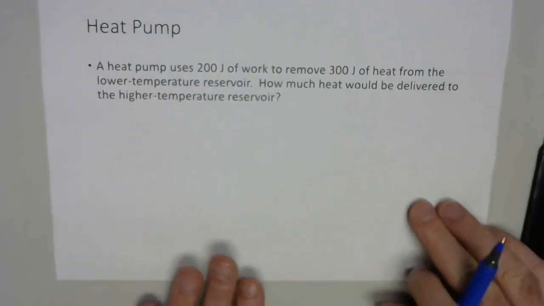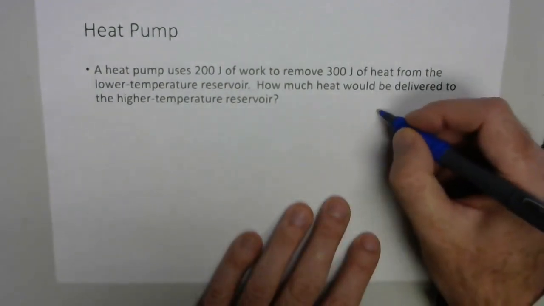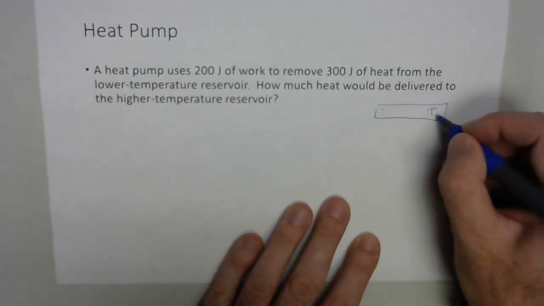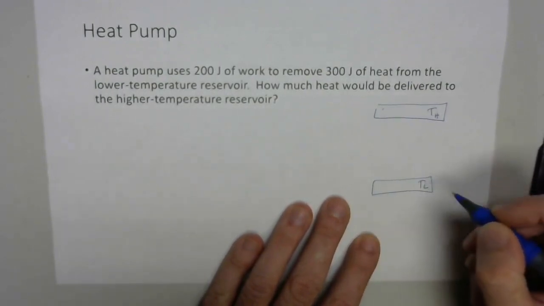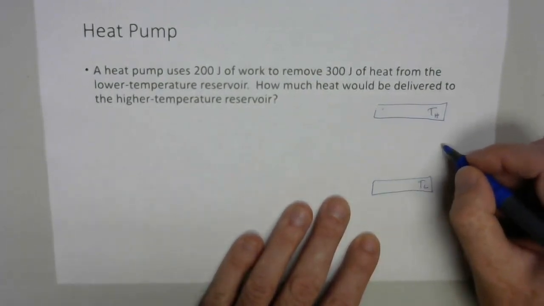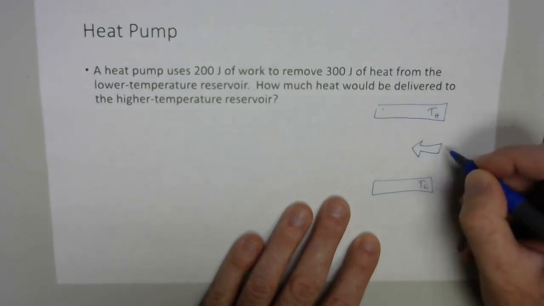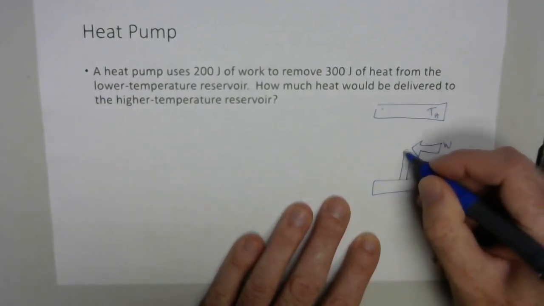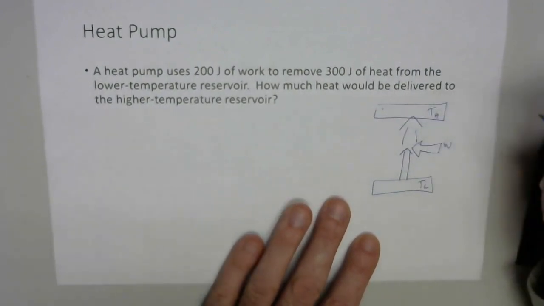Now, a heat pump is designed to pump heat in the opposite direction. That is, if you've got your high temperature reservoir up here, you've got your lower temperature reservoir here. By my supplying the work, instead of getting work out of the system, I can transfer heat from the cooler reservoir and then dump that heat into the higher temperature reservoir.